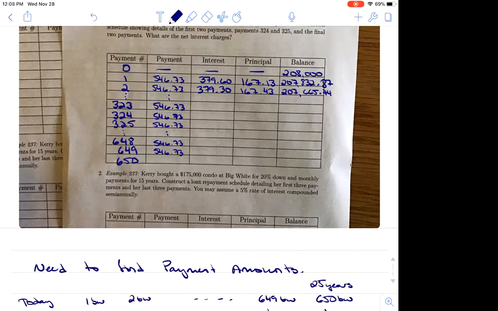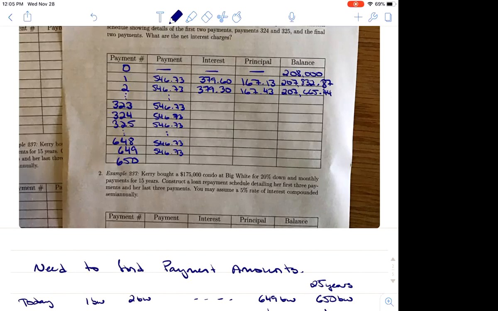This very first one here, the 167.13. So you're okay calculating the amount of the interest? Yeah. So then your payment is 546.73. But you have to pay off that 379.60 of interest. So from your end, you just make a payment to the bank, 546.73.